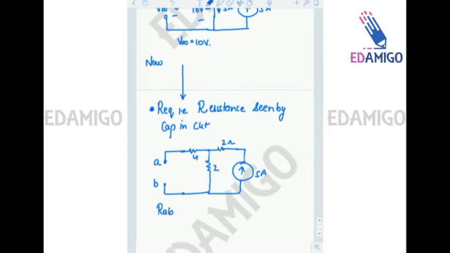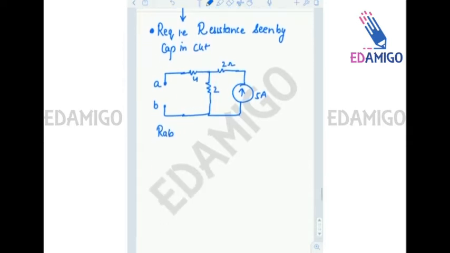Now we know that to find out the Thevenin resistance, we remove all the independent sources. To remove the independent current source, we open circuit it, and to remove the independent voltage sources, we short circuit them. So to find RAB, we will open circuit this independent current source, and the circuit is simply like this.